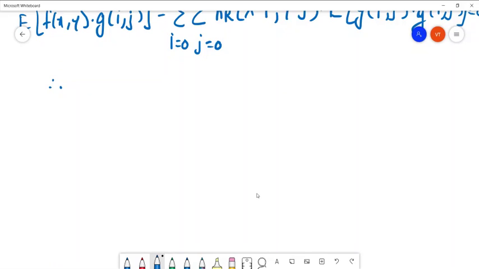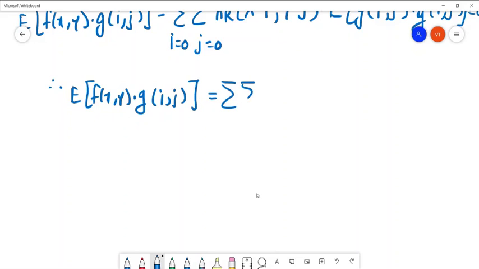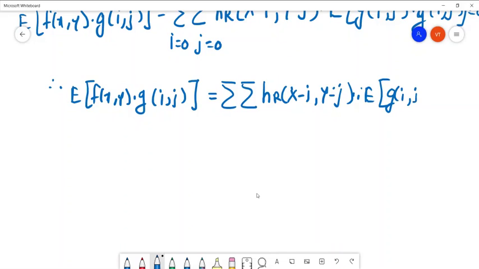So we'll get E[f(x, y) g(i, j)]. This will go on that side, so equal to double summation hr(x minus i, y minus j) into E[g(i, j) into g(i, j)], again i equal to 0, j equal to 0, n minus 1, n minus 1.